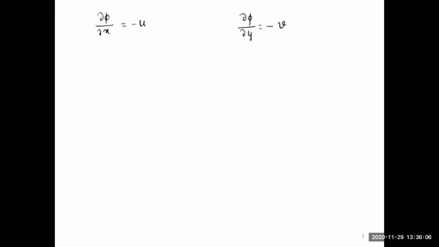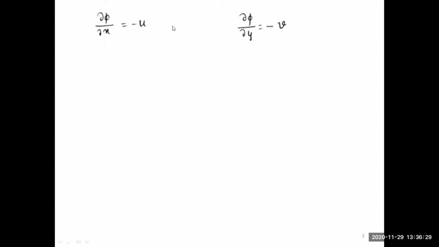Next you have to determine that phi. Now we know that phi exists, so we have to determine what that phi is. For that we use the velocity components in terms of the potential function: dou phi by dou x is equal to minus u and dou phi by dou y is equal to minus v.